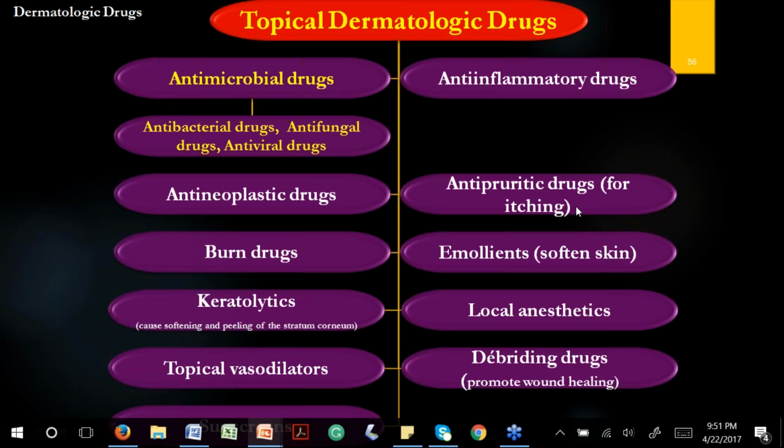Antipruritic drugs for itching, for example antihistamines. We are going to talk about sulfadiazine for burns. Antineoplastics, for example, for basal cell carcinomas or some cancers of the skin. Antimicrobials, which you can find at Safeway or wherever you go, for example neomycin, polymyxin, and bacitracin, used to treat bacteria that can infect the skin.